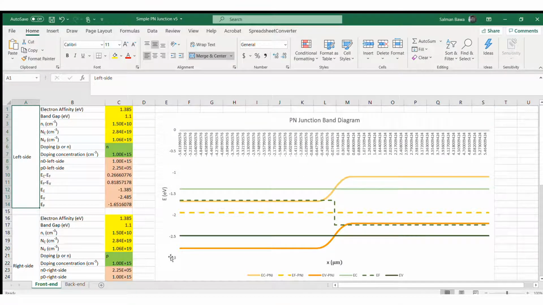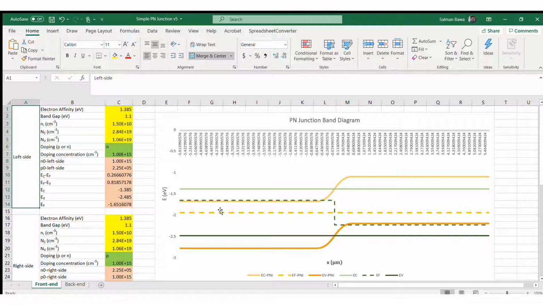The orange lines show the p-n junction, which is the energy band levels after the junction is formed. So the first thing that's very important is that the orange dashed line is where the Fermi level will pin itself under equilibrium. And this essentially is the average of the Fermi levels before the junction is formed.